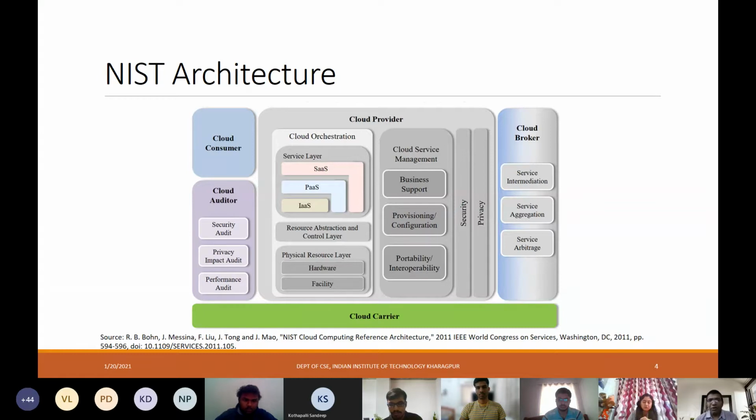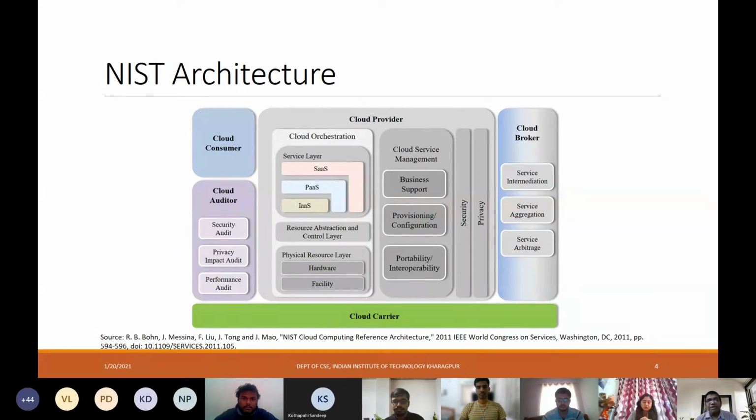Then comes the provisioning or configuration component. So in provisioning or configuration, typically what we are talking about is that these physical resources are there, they are abstracted, but then different users, cloud consumers, they have their individual requirements.